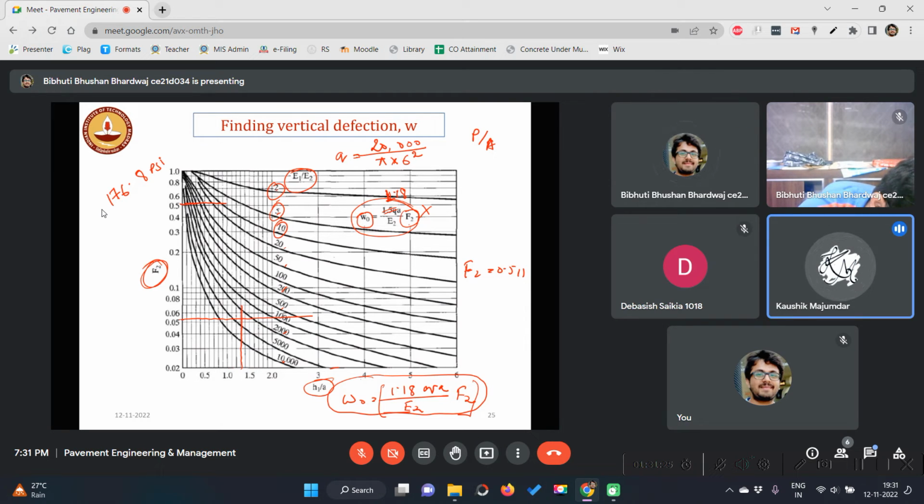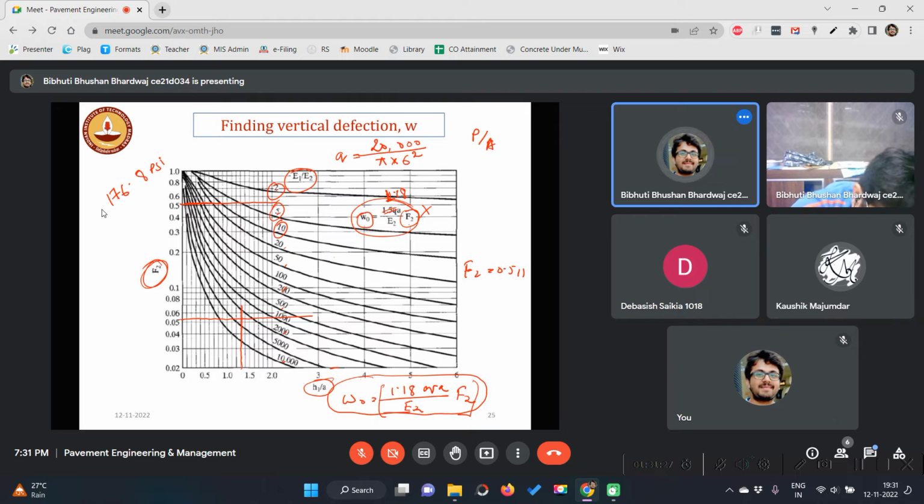H1 by A is 1. If you go like this, which curve? Almost this curve. You can interpolate also, but say this curve, 5. So E1 by E2 is 5. Devasis, are you following? Yes, sir.